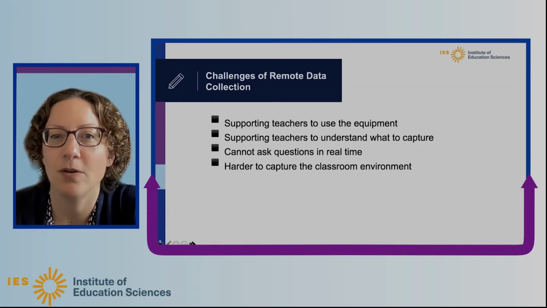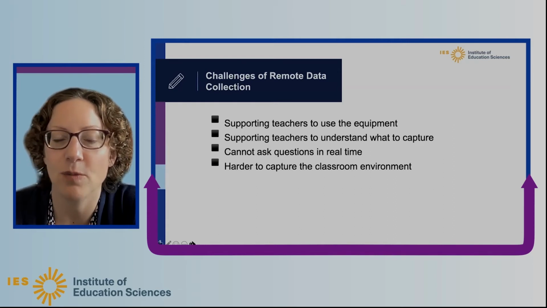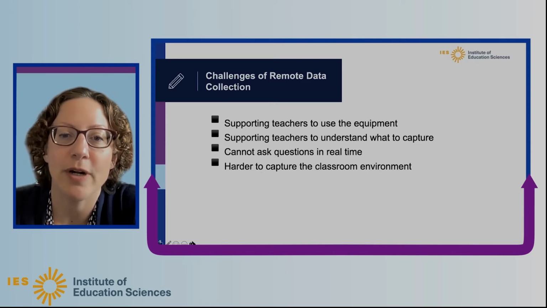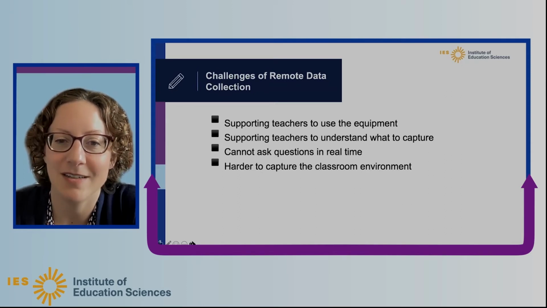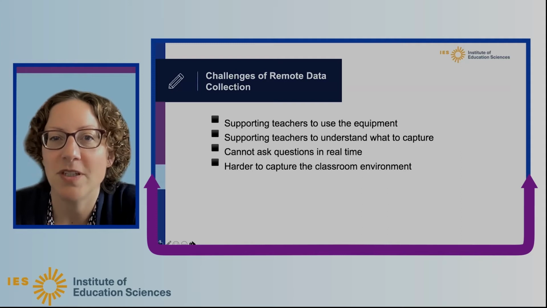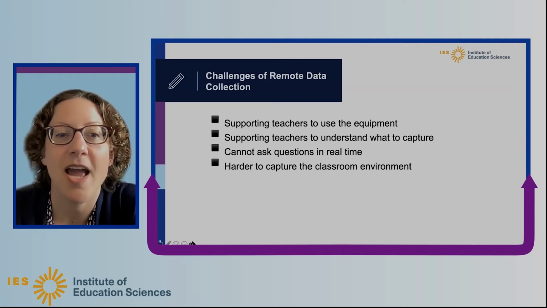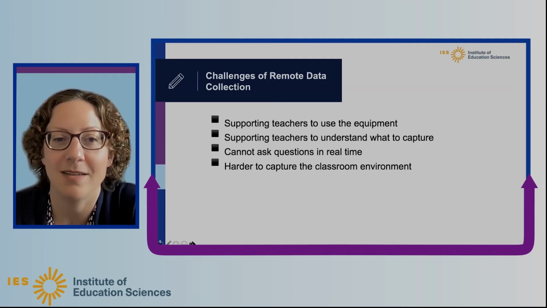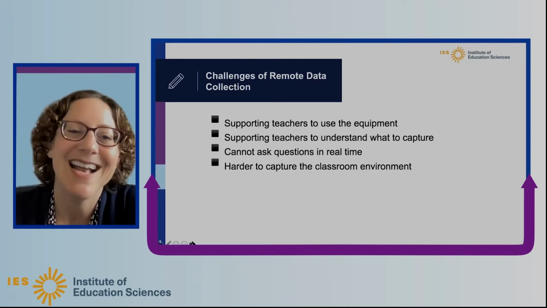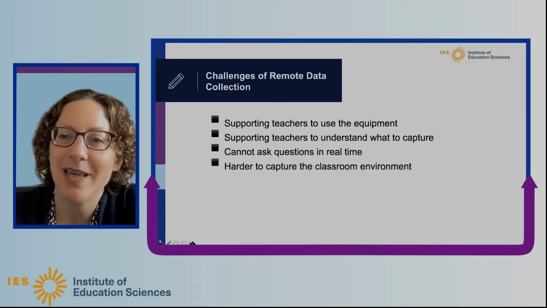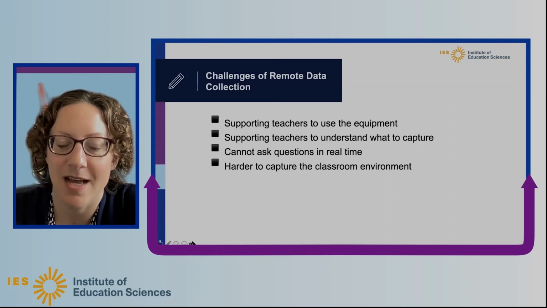So for example, in early literacy instruction, we often see kids learning in small groups or centers. And a question we want to know from the teachers is, how did they decide which kids should be in each group? And how did they decide what each group should learn? And that's really important, but we can't ask that right there in the classroom.